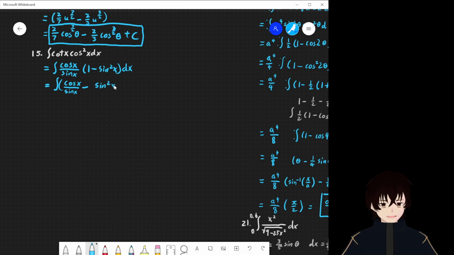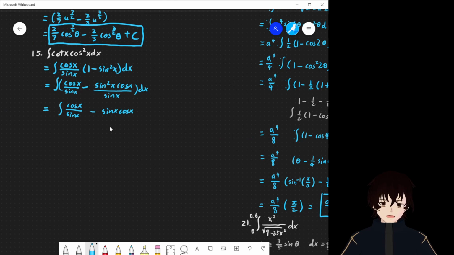The sine squared x cosine x over sine x dx. Therefore, this is the integral of cos x over sine x minus sine x cosine x.